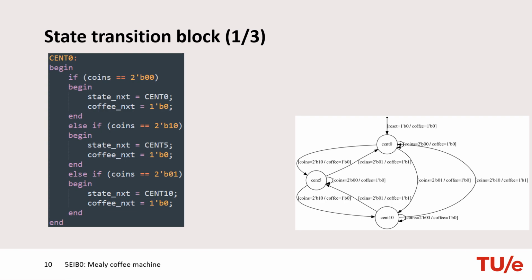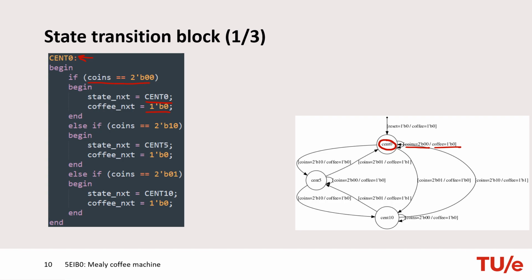So first of all, we start with send 0. We have to look from the perspective of this state. As you can see, there is a transition available from send 0 to itself. How can you achieve this? By inserting 0 coins. If coins is 0, output is 0, and the state stays send 0 as well. There you go.